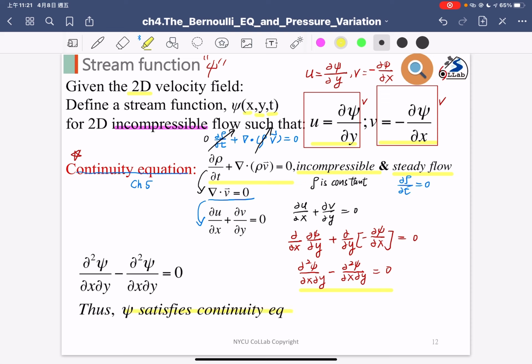OK，那这里就很清楚，因为我们自然的把这些 differential 的 operator 带进去以后，发现最后反而本来就是会等于0啊，所以我们的 stream function 会很自然的就满足连续方程式的这个定义。OK, so I emphasize the purpose for this slide again. If we have the velocity field, how can we figure out the stream function?